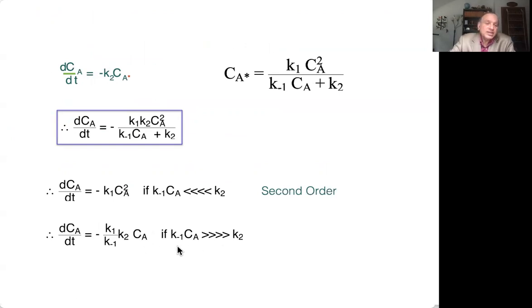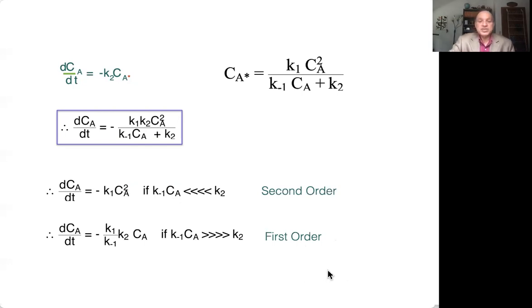If, on the other hand, K minus 1 CA is very, very large compared to K2, the K2 can be put as 0 here, and then K1 by K minus 1, and the CA and CA cancel away. And so you have K1 K2 by K minus 1 times CA, a first order reaction. So depending on the values of K minus 1 and CA, we can switch it from first order to second order.